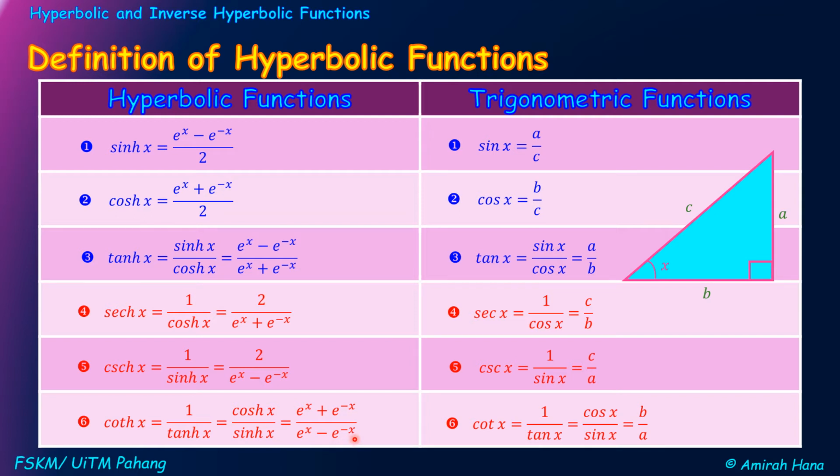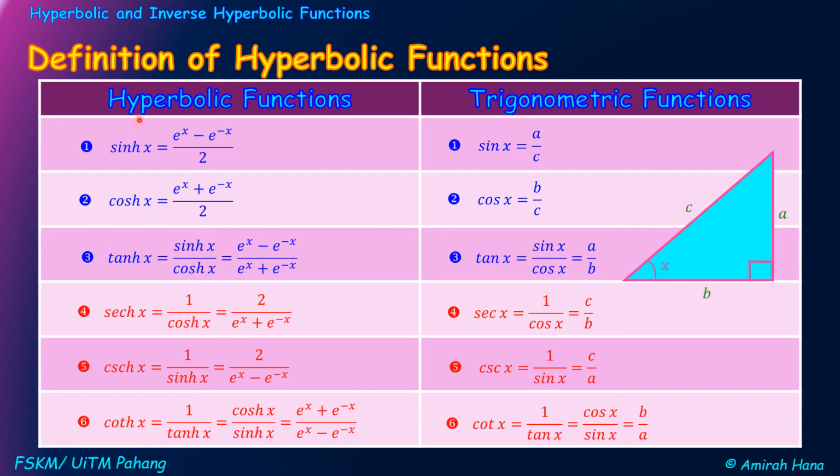When we compare with trigonometric function, we still have 6 hyperbolic functions. It looks similar to trigonometric function, but we have h here. h means hyperbolic. In trigonometric function, we base on right angle triangle.